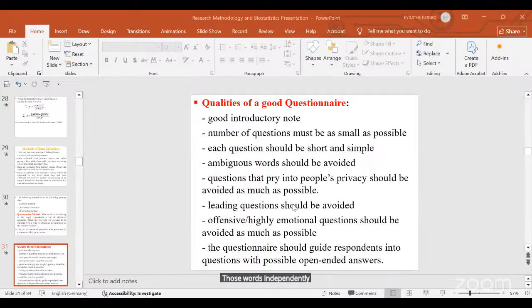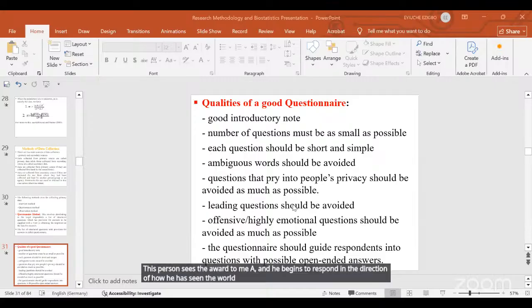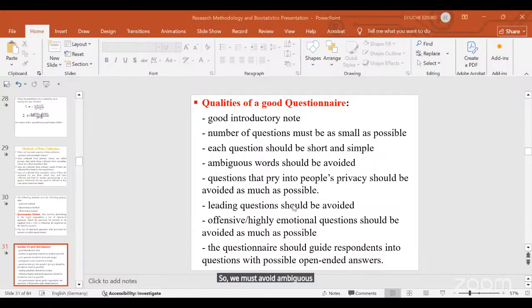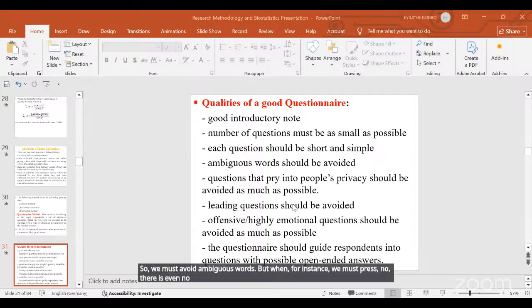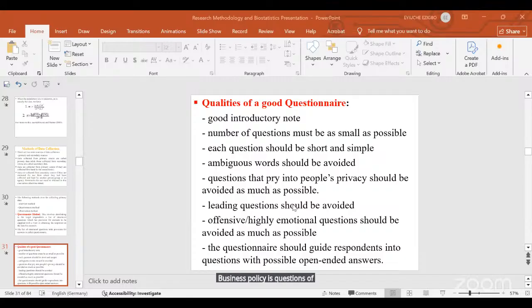This person sees the word to mean A and responds in that direction, and the other person sees the word to mean a different thing and supplies responses in the direction of what he has made out of it. I hope it's clear. So we must avoid ambiguous words entirely. The next quality is that questions that pry into people's privacy should be avoided as much as possible.